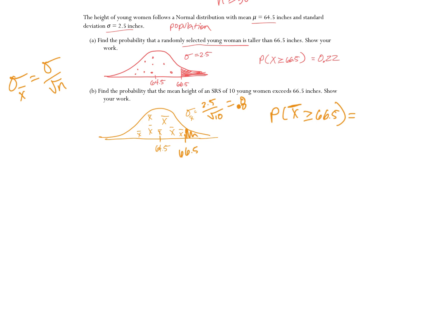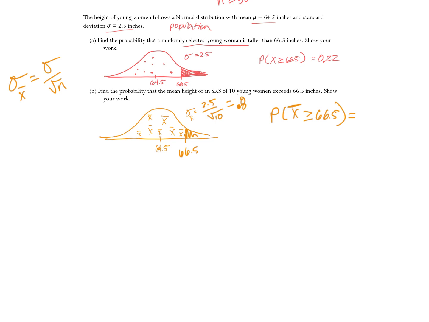I got 0.0062. Can you not just put in 0.8 for that?